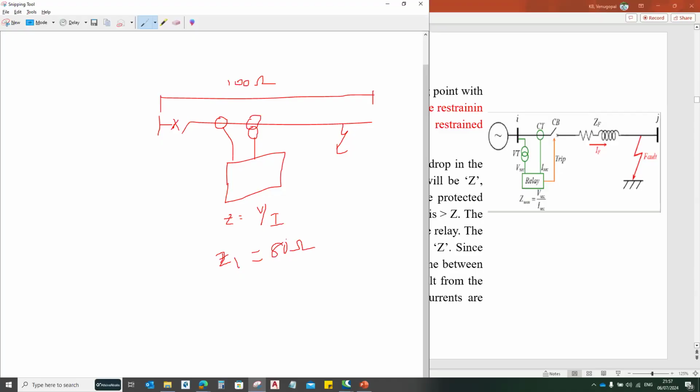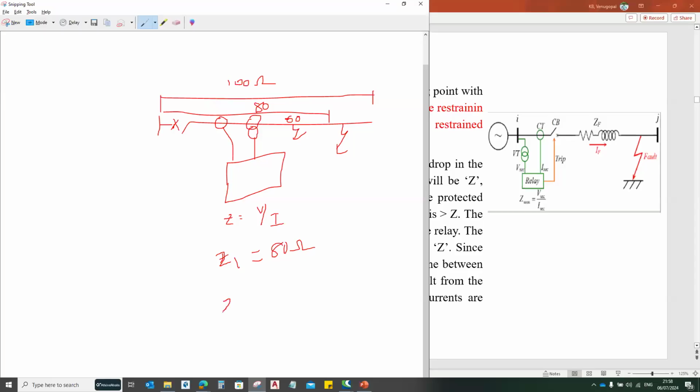Let us assume this is up to 80%. The fault happens at 60% of the transmission line. When the fault happens, the current and voltage will be collected here, and the relay will sense the voltage and current.